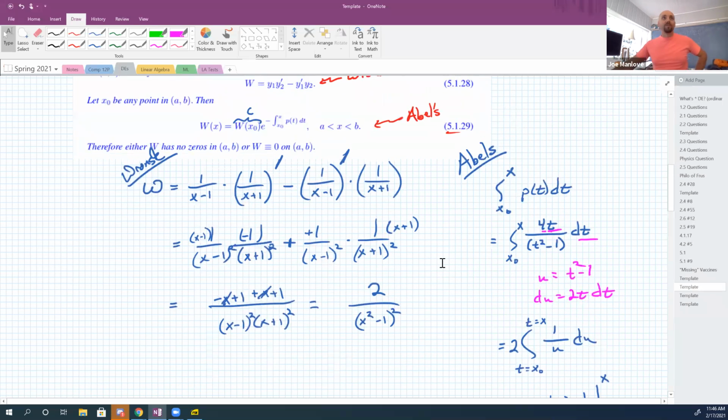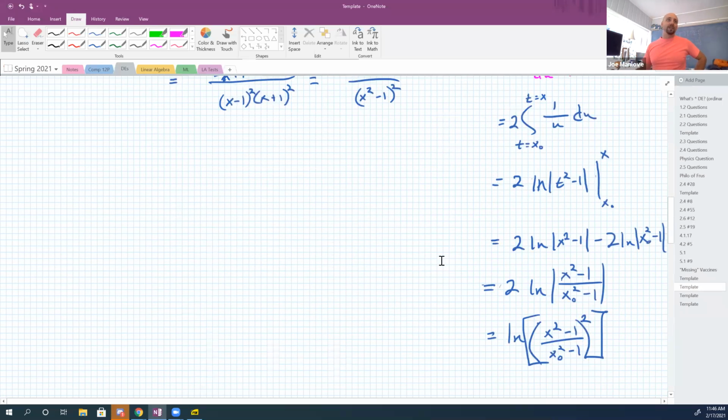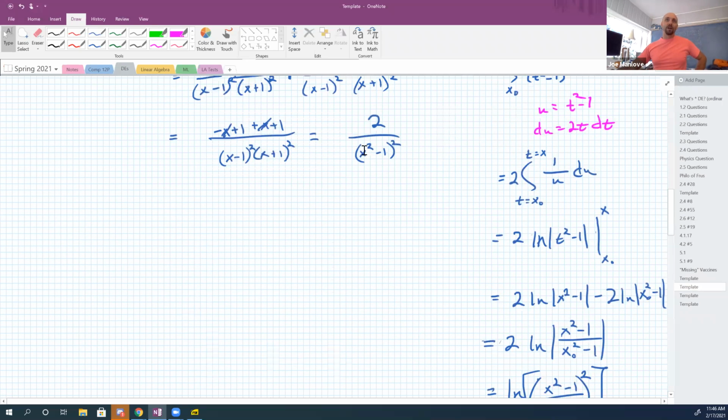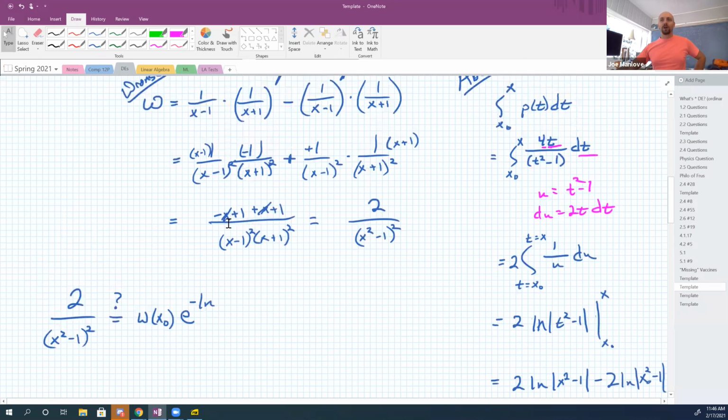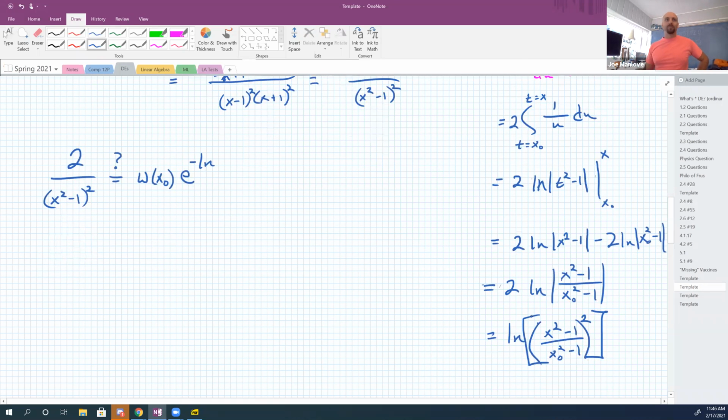Okay, so let's see. The thing we're supposed to be checking right now is that the Wronskian side, so 2 over x squared minus 1 squared, and I'm wondering, is that equal to W at x naught times e to the minus natural log of this whole business?